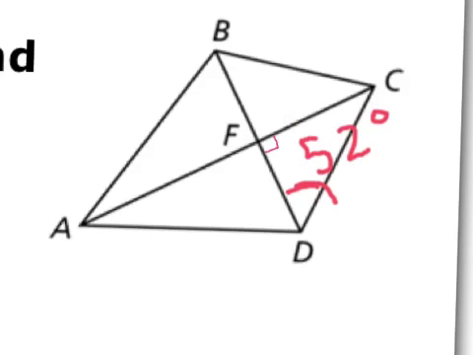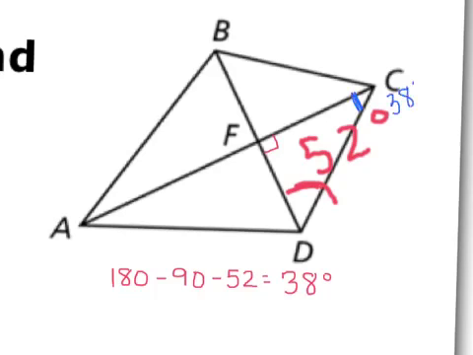So if I know this is 52 and this is 90, I can do 180 minus 90 minus 52. And that should be 38 degrees. What that gives me is this angle up here. Okay, that gives me that my angle in blue is 38 degrees.